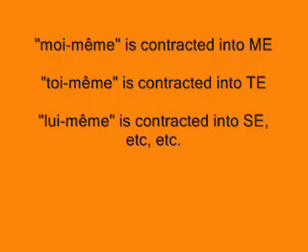If the subject talking has a masculine gender, then use lui-même. If it has a feminine gender, then use elle-même, okay? And that will make things easier. And nous-mêmes, vous-mêmes for we, you, and they, okay?